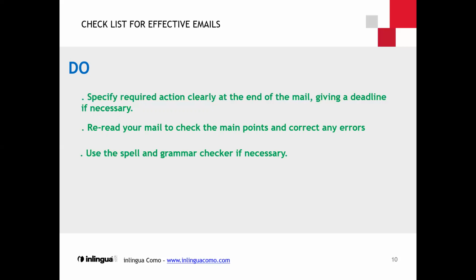You can use the spelling and grammar checker if necessary. If, for example, you're writing an email in the English language and you're not sure about the spelling or the vocabulary that you're writing, do use the spelling and grammar check. It's not a big deal, and it ensures that the email is obviously more comprehensible and correct.